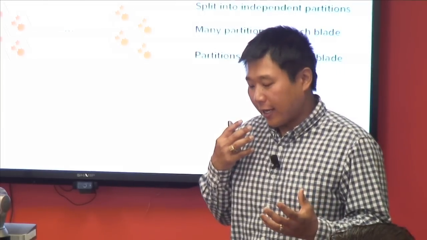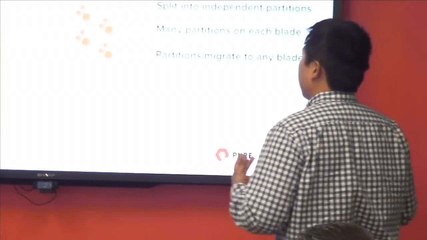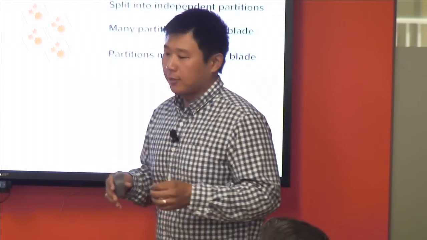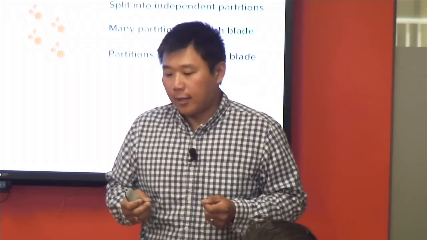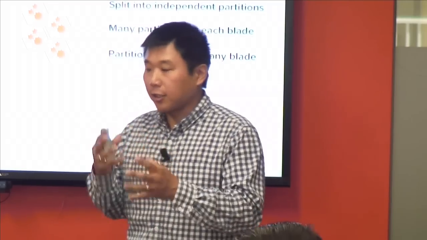You could have blades that are bigger than others, because some blades could run more processes than others. That's a good idea. Yes, exactly. And so, at some level, you can almost think of this concept as splitting and somewhat virtualizing. We want to virtualize the work involved in managing a portion of the namespace.